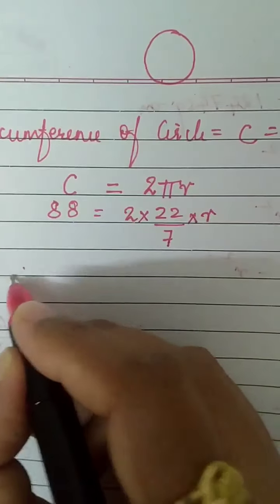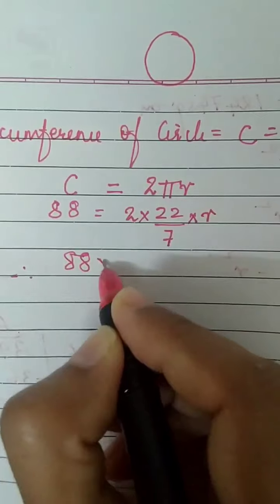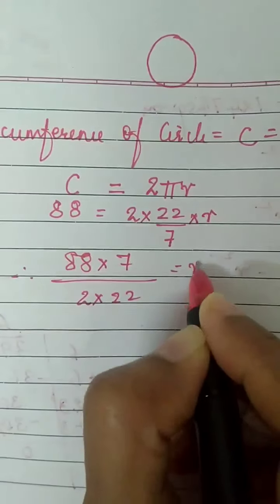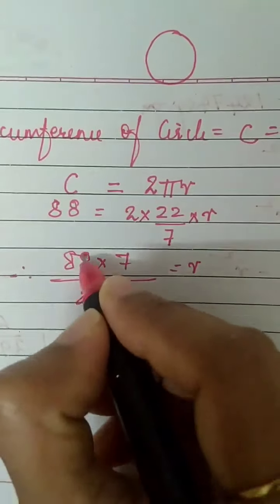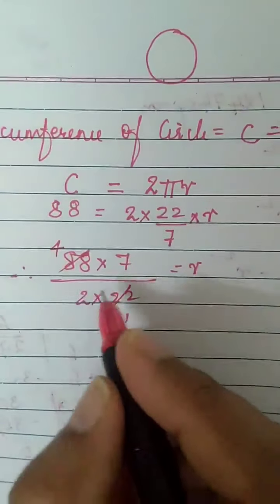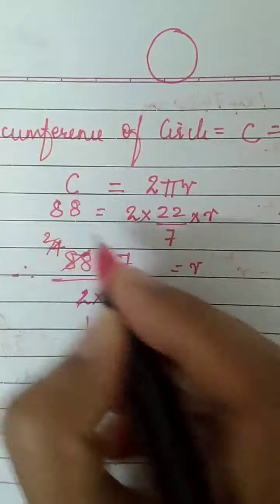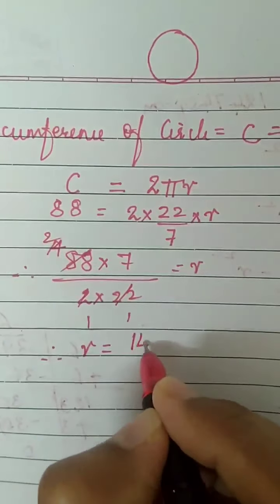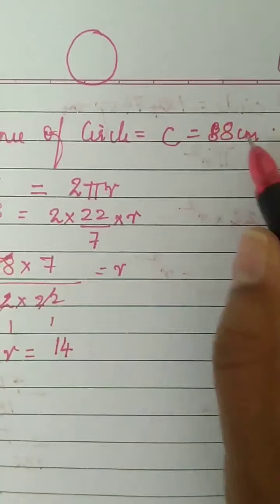Take 7 to this side. 88 into 7 upon 2 into 22 will give you R. So 22 ones are 22, fours are 88. 2 ones are 2, twos are. So you got R is equal to 7 twos are 14 centimeter.